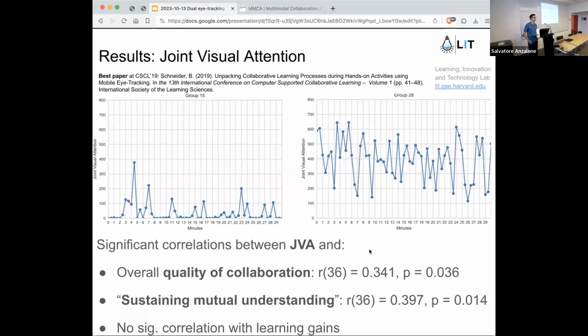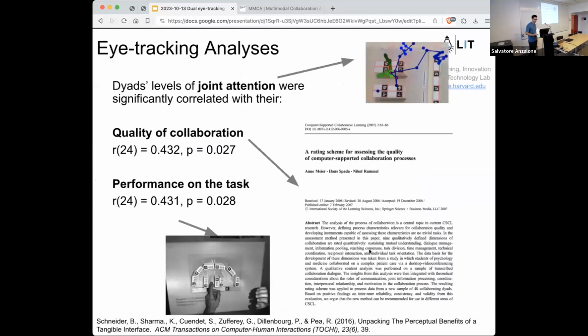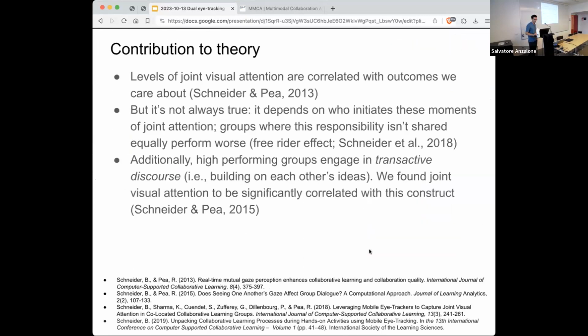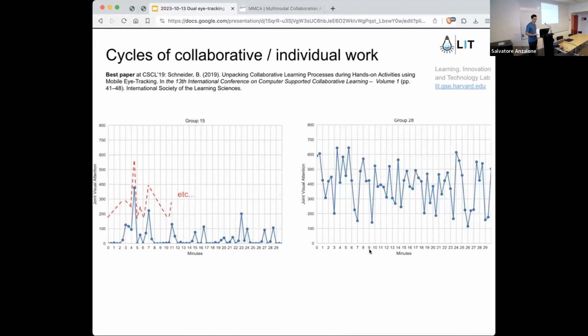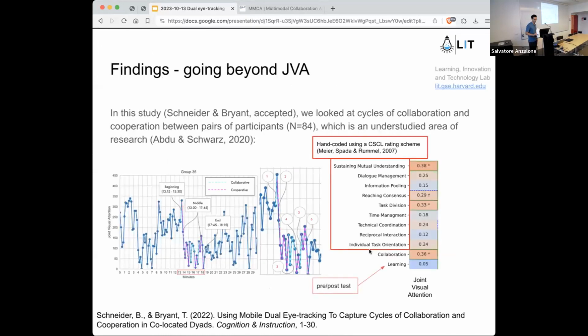This one? Mm-hmm. I was wondering, when you say quality of collaboration, how were you measuring that? Was it a subjective metric? Was it coding? The question that I'm really interested to ask is how do you disentangle the measurement of quality of collaboration from learning gain?